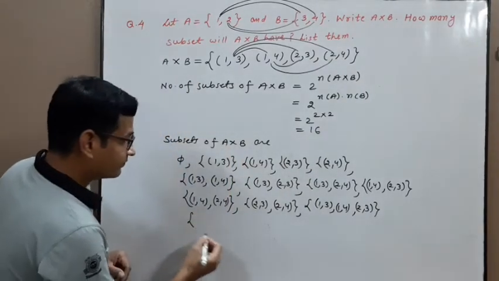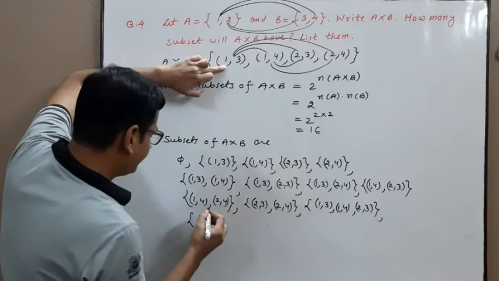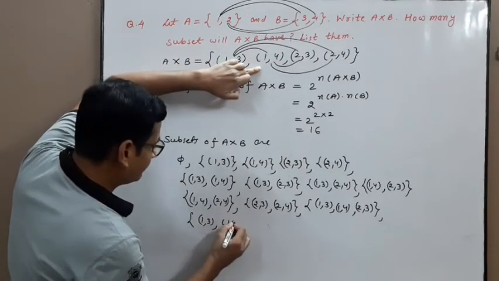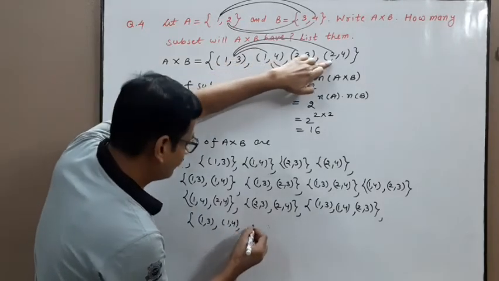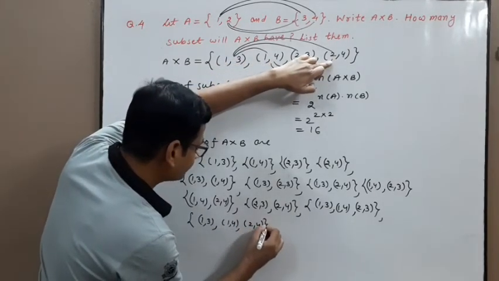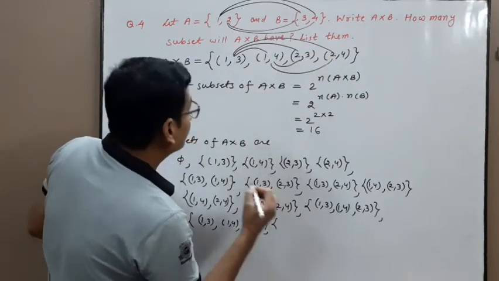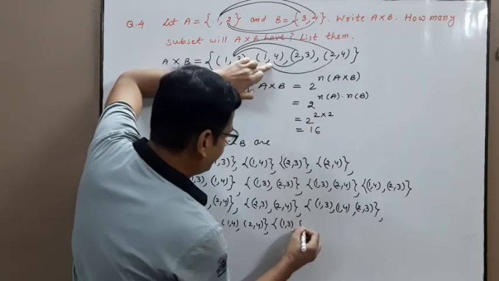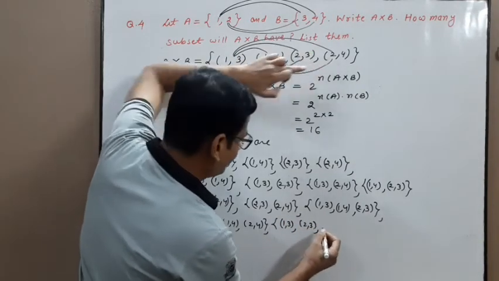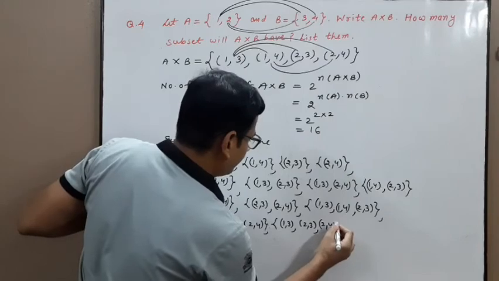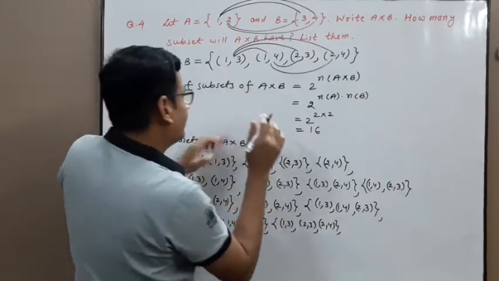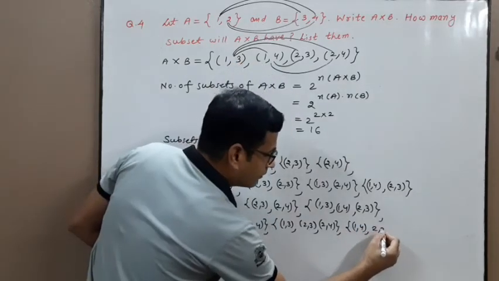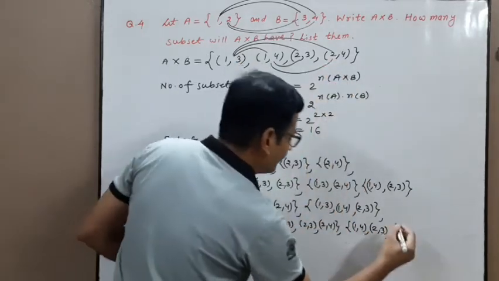Second time (1,3), (1,4), don't take this (2,4). Now (1,3), this time don't take the second ordered pair: (2,3) and (2,4). And at last don't take (1,3). So (1,4), (2,3), (2,4).